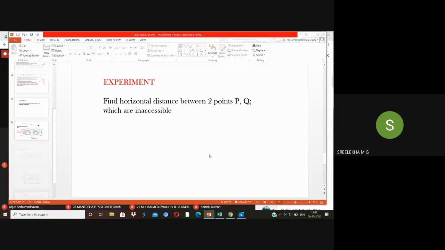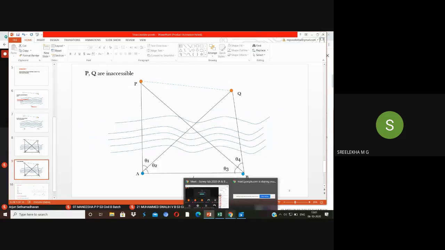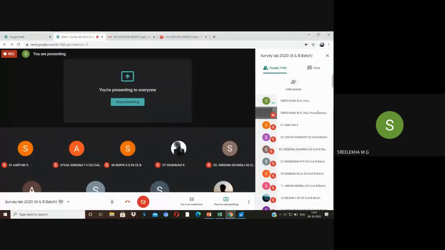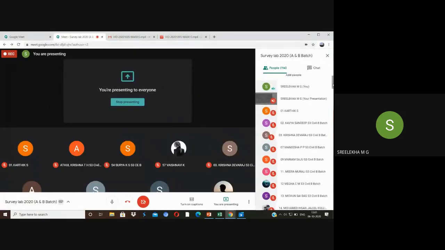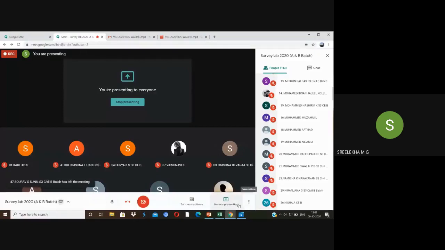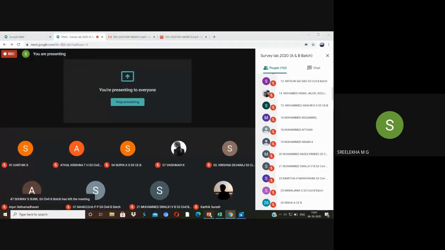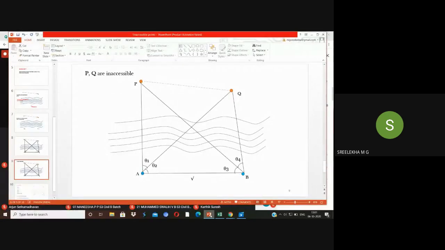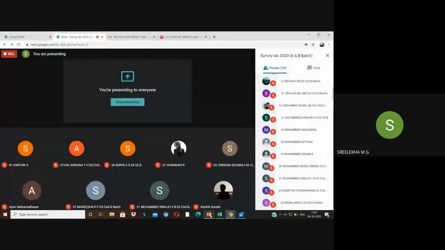Is it the upper screw or your lower screw? Anyone? When you are sighting from A to the point P, you have to loosen your upper clamping screw or your lower clamping screw. Anybody?